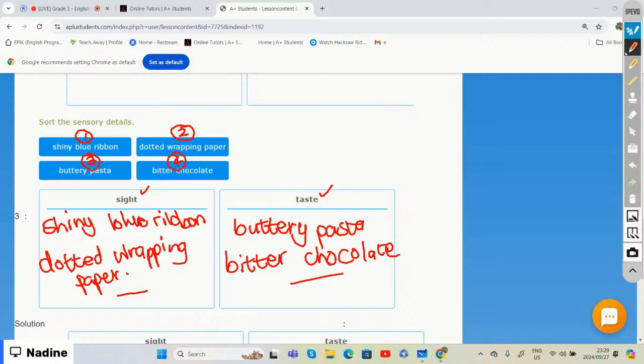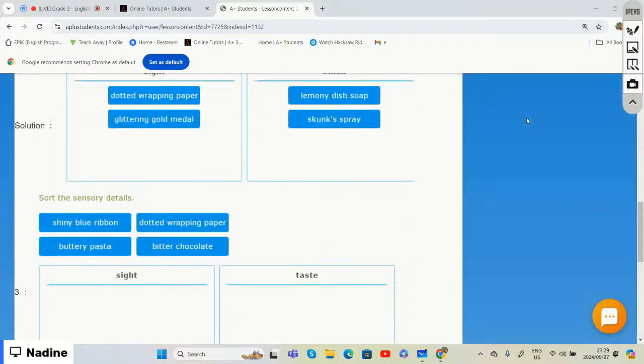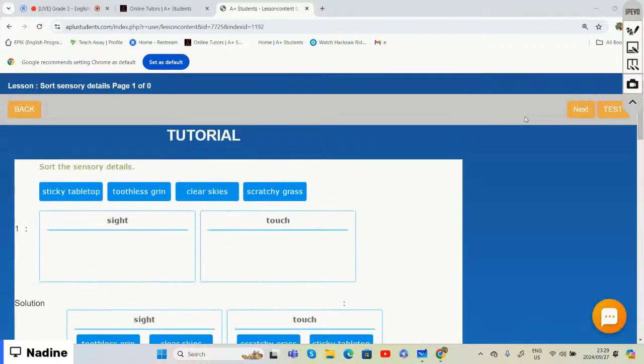All right. So now we're going to our test, where we are going to sort out sensory details. And it says, sort out the sensory details.